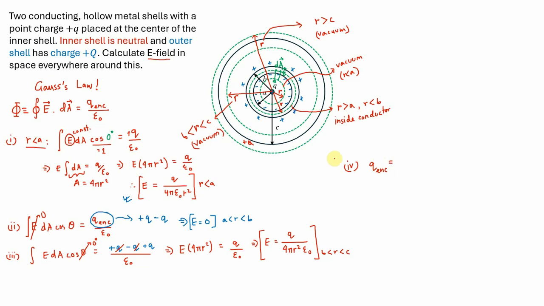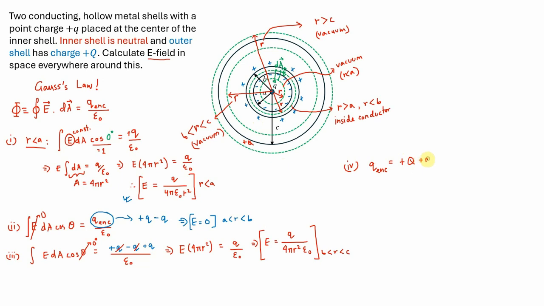What is the charge that is inside my defined Gaussian surface? So of course, we have the outermost conductor inside my new Gaussian sphere. So the first charge I consider is plus capital Q. Then we have everything else that is also inside.